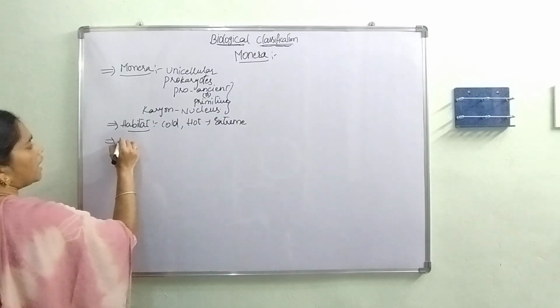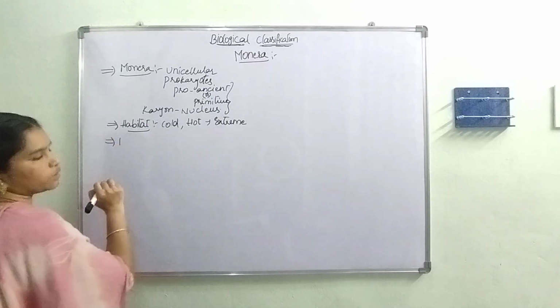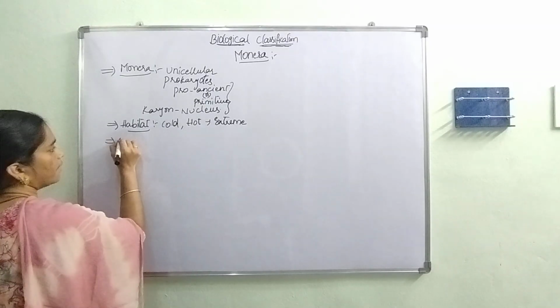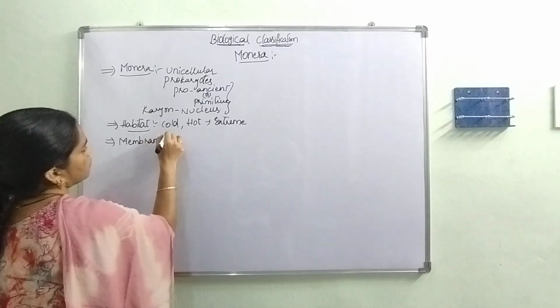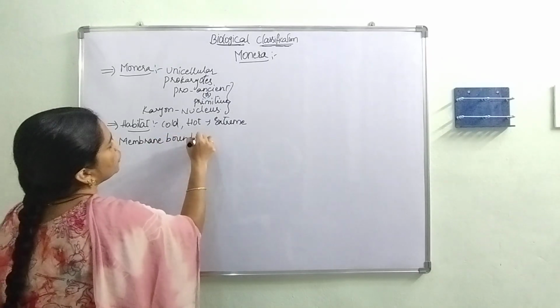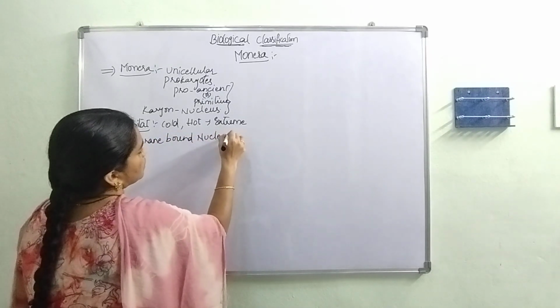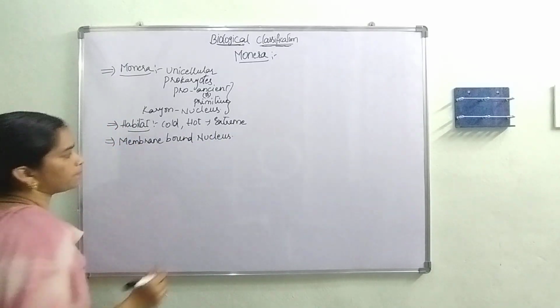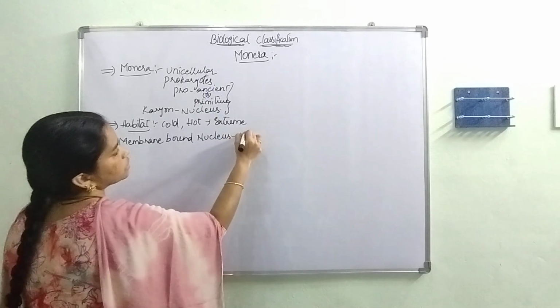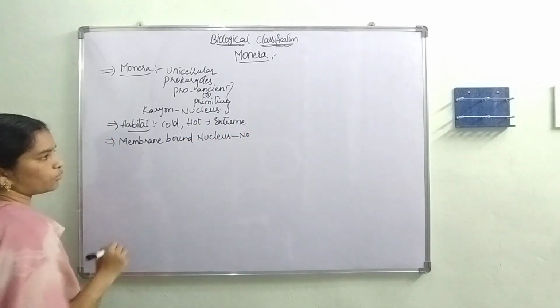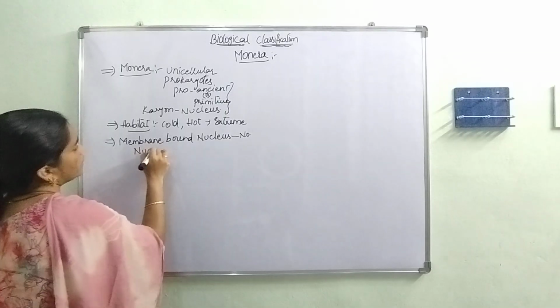Next, they are prokaryotes because they do not have a membrane bound nucleus. So there is no membrane bound nucleus. What we call this type of nucleus is nucleoid.